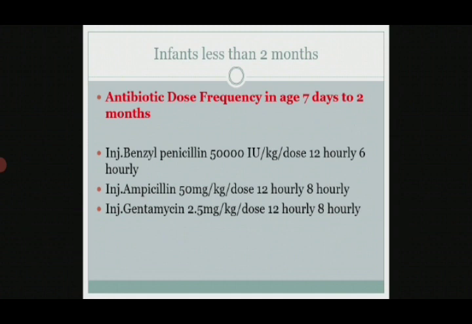Treatment for infants less than 2 months, antibiotic dose frequency in age, frequency for 7 days to 2 months: injection ampicillin, gentamicin or benzyl penicillin in a proper dosage schedule.